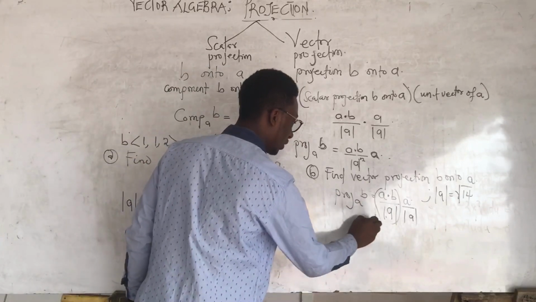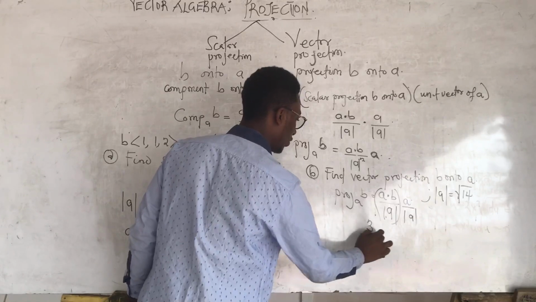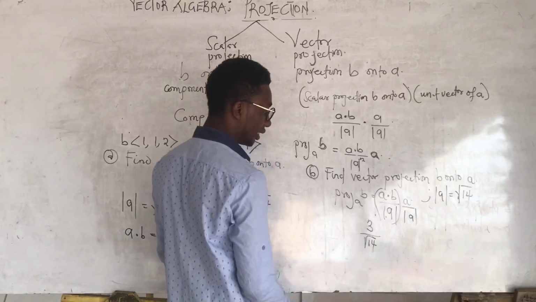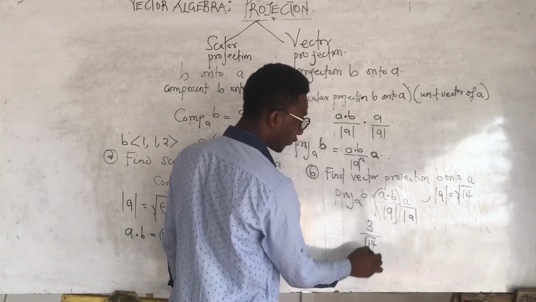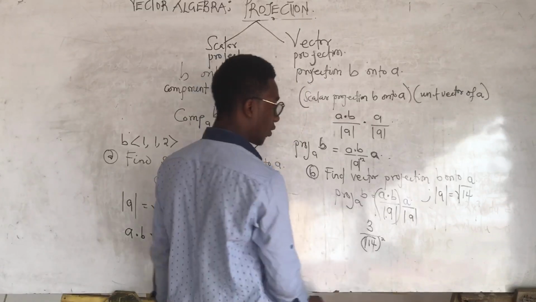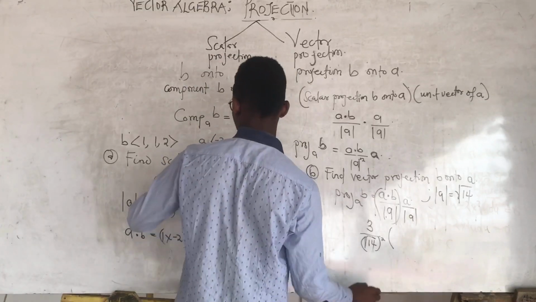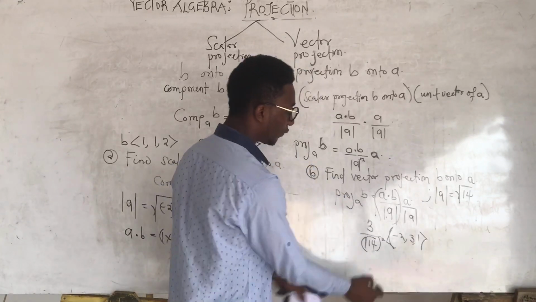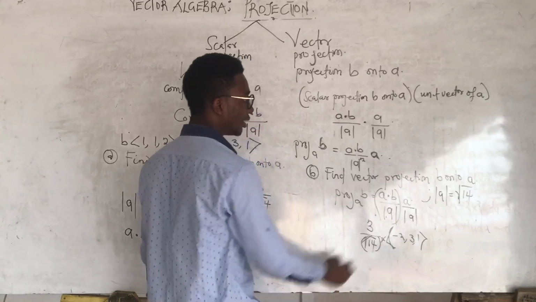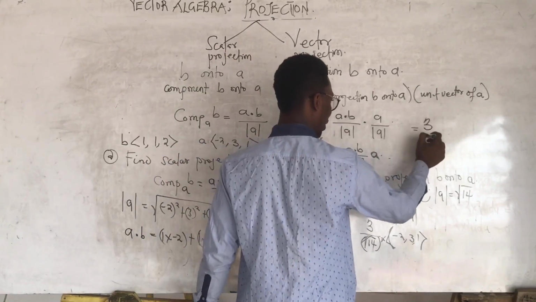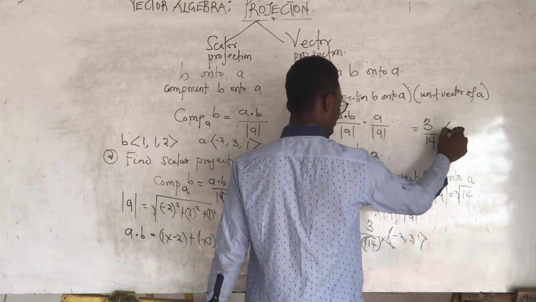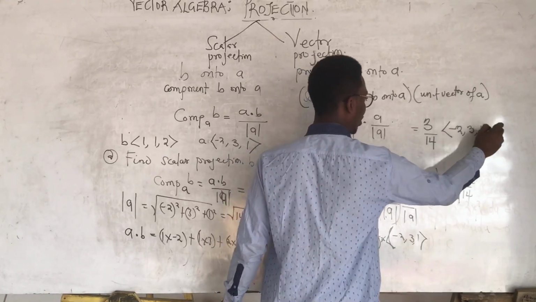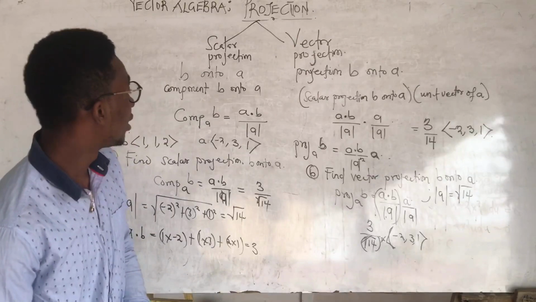So now we get 3 divided by the root of 14 all squared, multiplying the vector A, which is (-2, 3, 1). The root of 14 squared is 14, so finally, for the vector projection, we get 3 on 14 times the vector itself, which is (-2, 3, 1). This is the end of the solution.